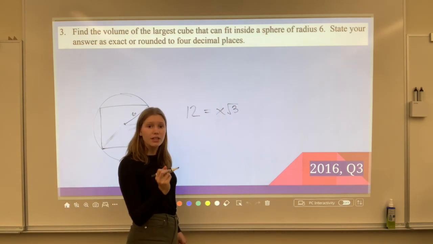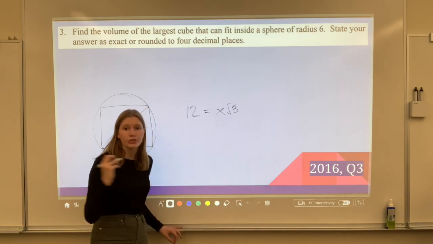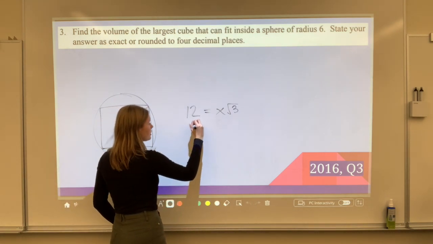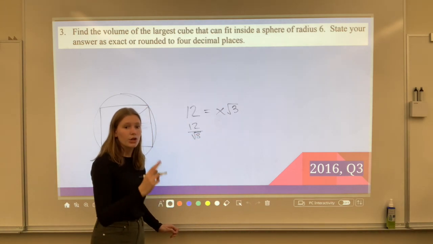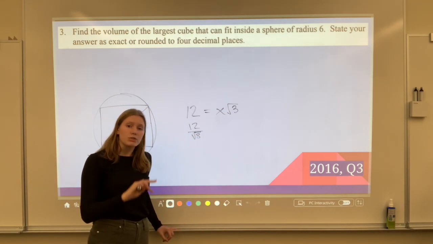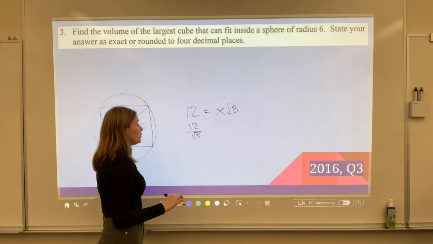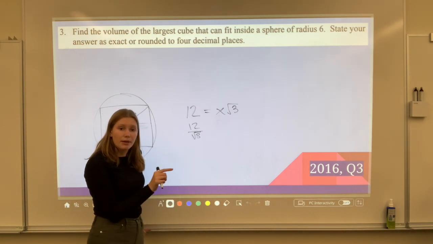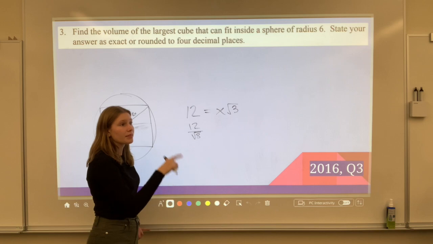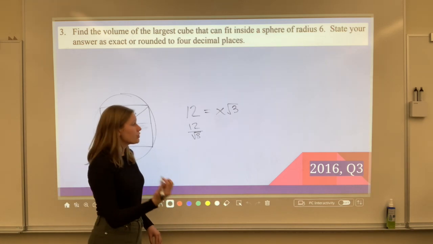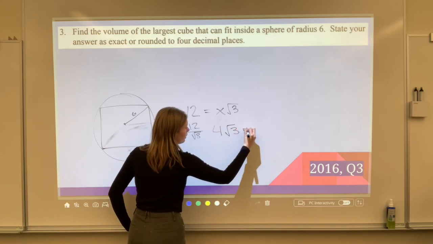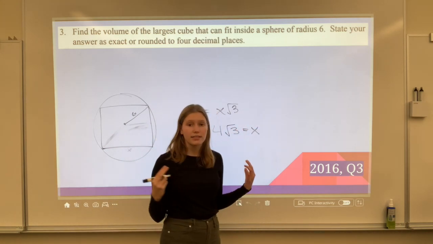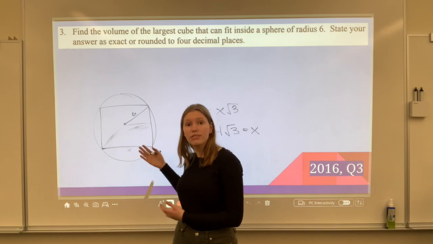Divide the square root of 3 on both sides, you get 12 over the square root of 3. You can simplify that so you get the radical out of the denominator. Multiply the top and bottom by the square root of 3. You get 12 square roots of 3 on top divided by 3 on the bottom. Simplify the 12 and the 3, so you get 4 times the square root of 3 is equal to x. X is our side length of the cube.